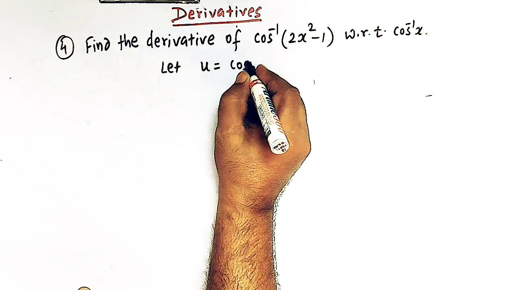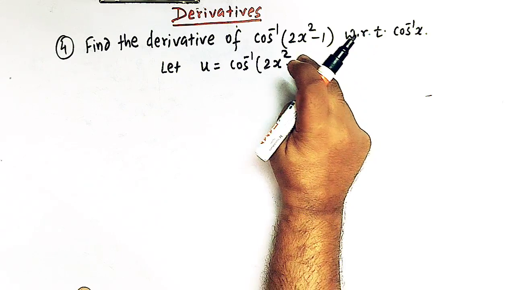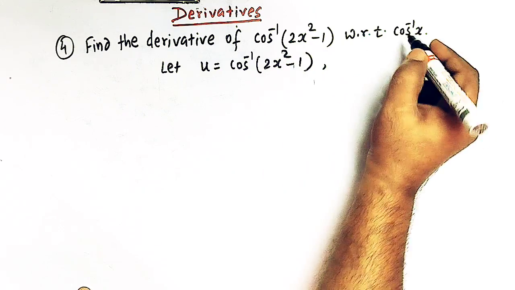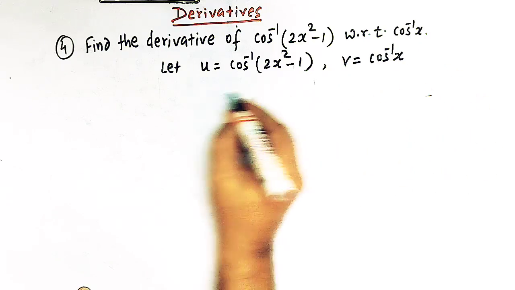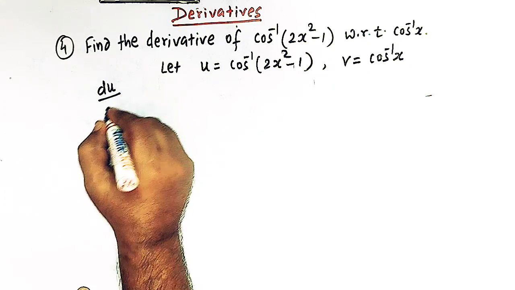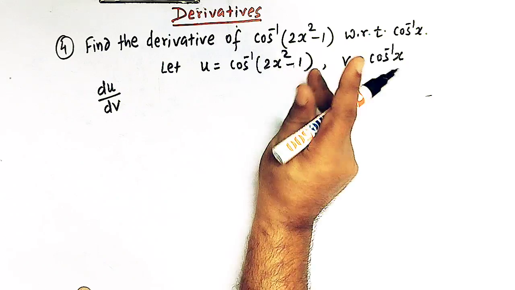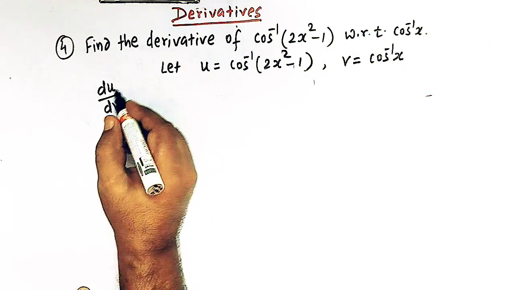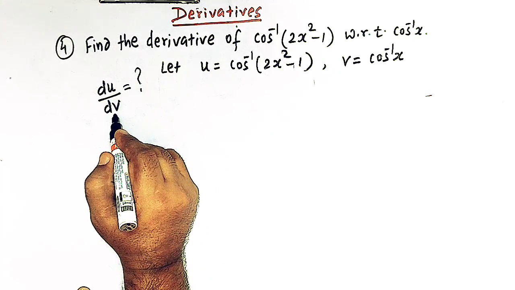We can take u is equal to cos inverse of 2x square minus 1, and here we can take this function as v, right? And we have to find out the derivative, that is du over dv, that is to find out the derivative of this function with respect to this function. So we have to find out the value of du over dv.